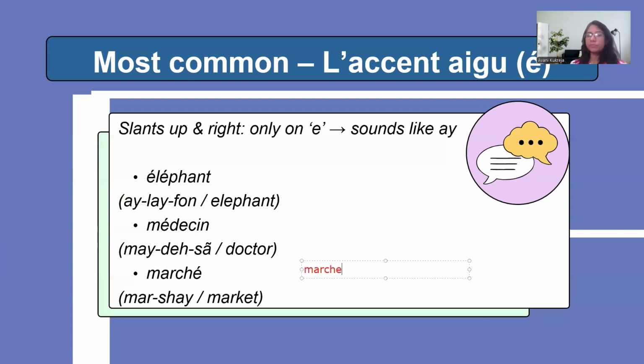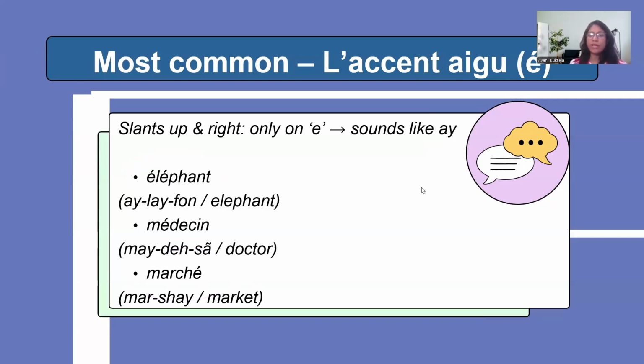Did you all understand this accent? Is this clear? So this accent basically changes the sound of E to "ay". If the accent is there, the sound of E will change to "ay". For instance, this will be pronounced as éléphant. This is marché. Understood?